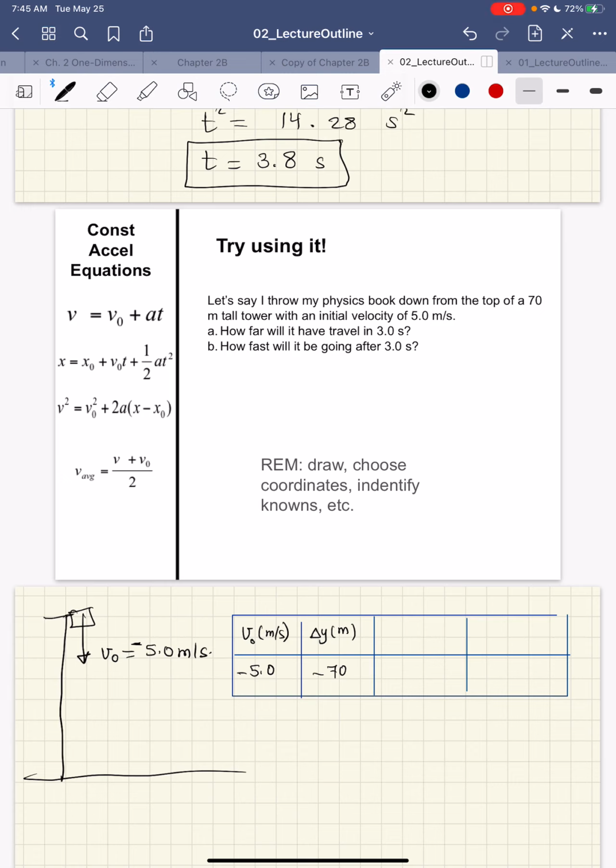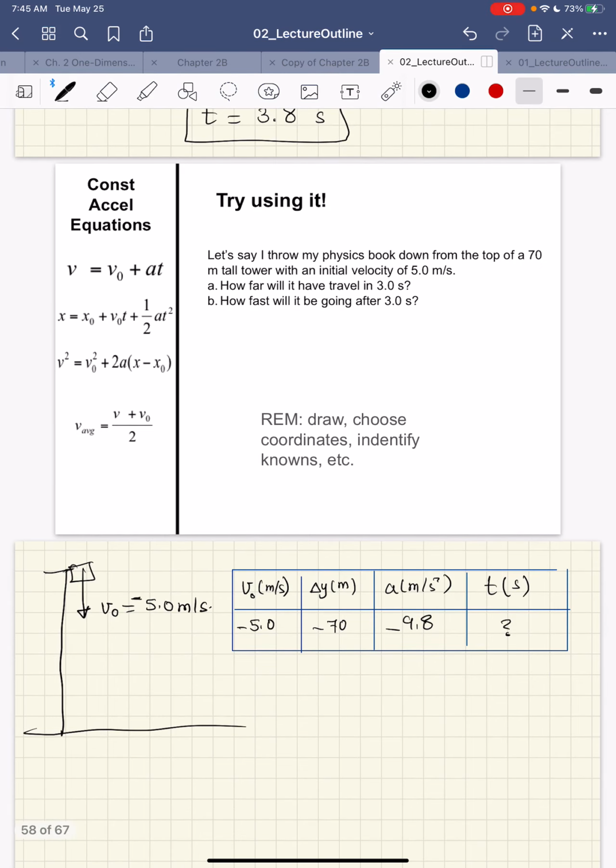And I have a known always as negative 9.8. And I need to find how far it will travel in 3 seconds.